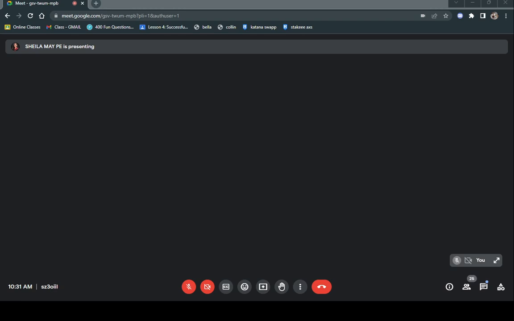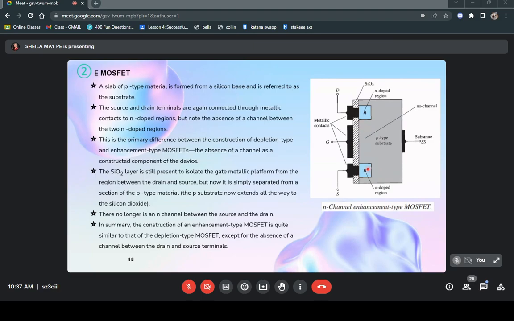The source and the drain terminals are again connected to a metallic layer or contact to the N-doped regions. Drain and source are connected to a metal and then connected through the N-doped regions. But note the absence of the channel between them.